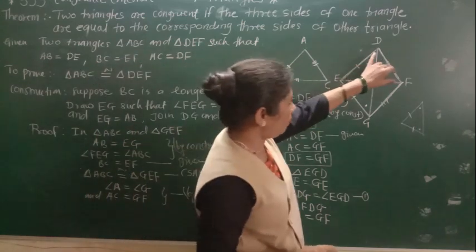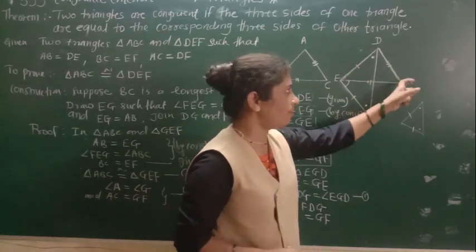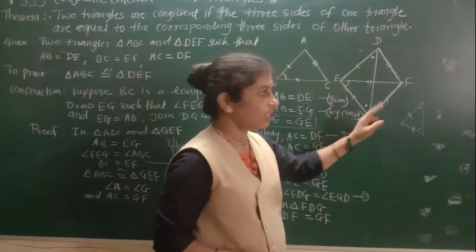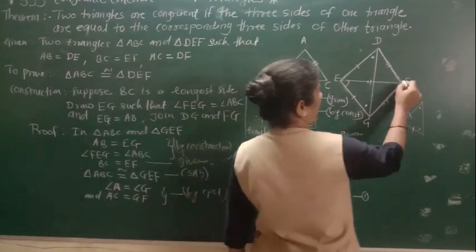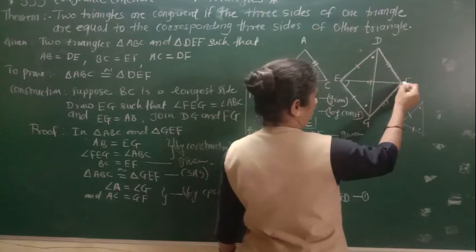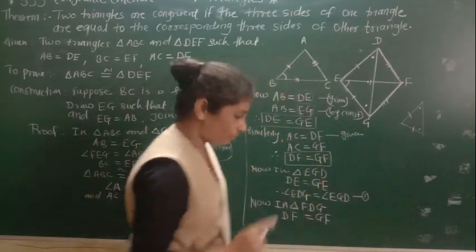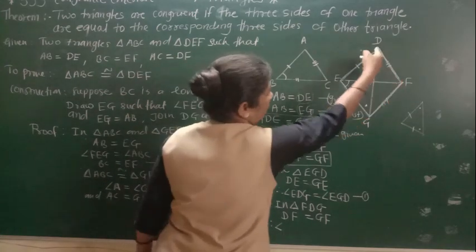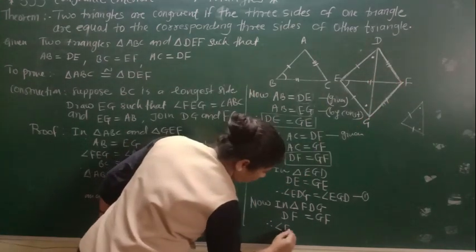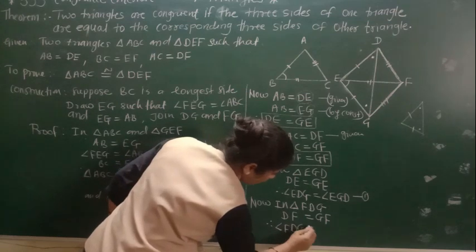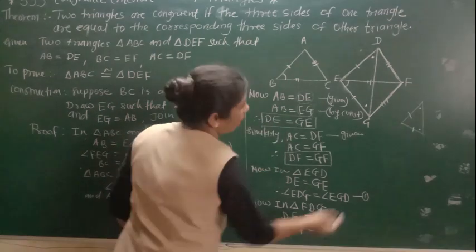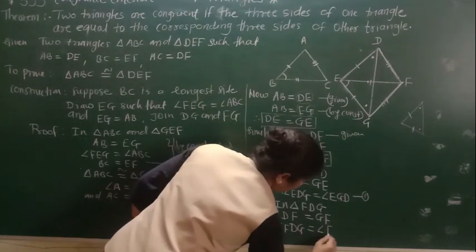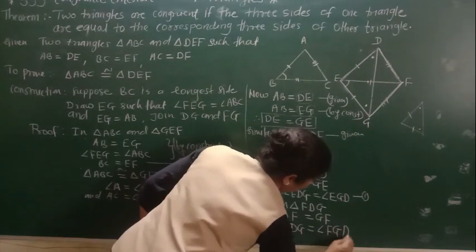Now if DF equals GF, then angles opposite to the equal sides are equal. So can we write angle FDG equals angle FGD? Yes, of course. So here we will write angle FDG is equal to angle FGD.